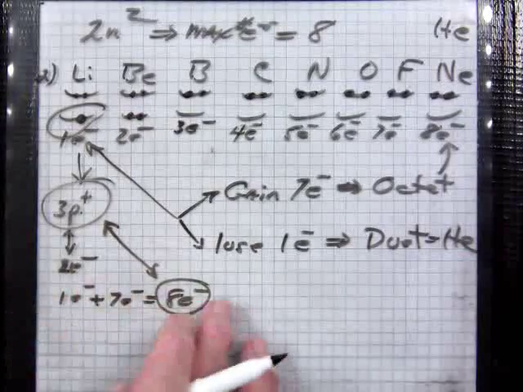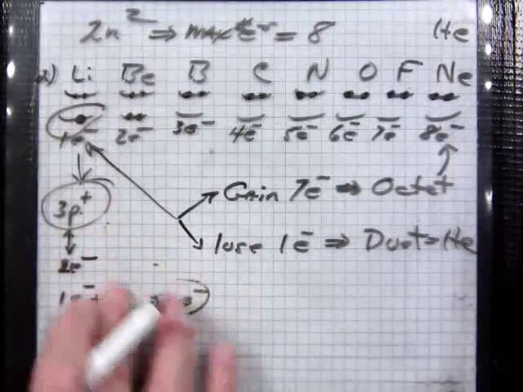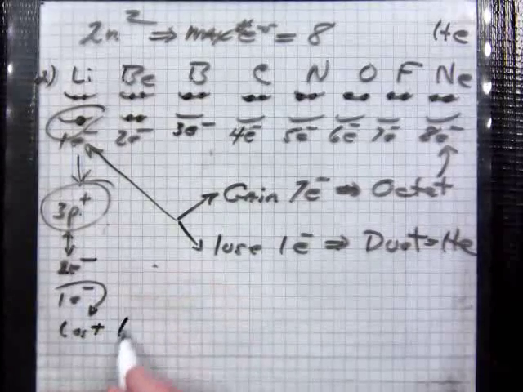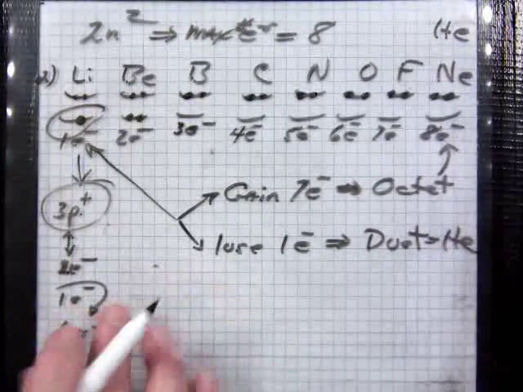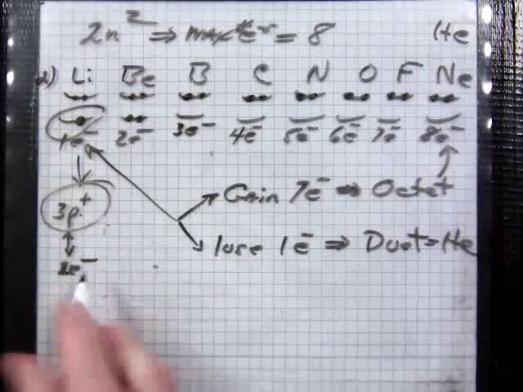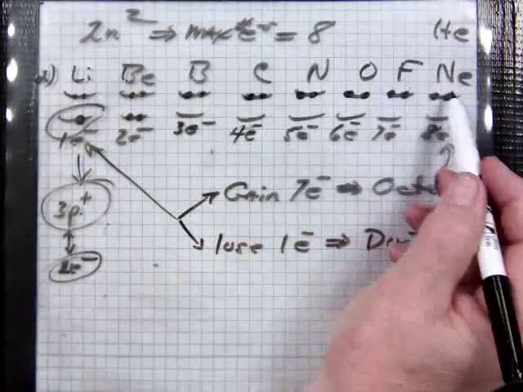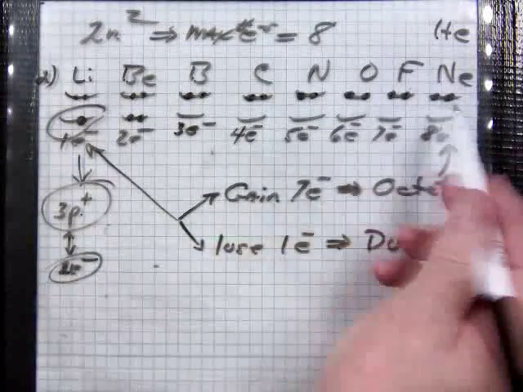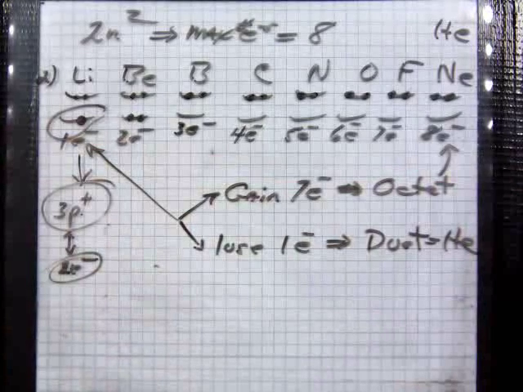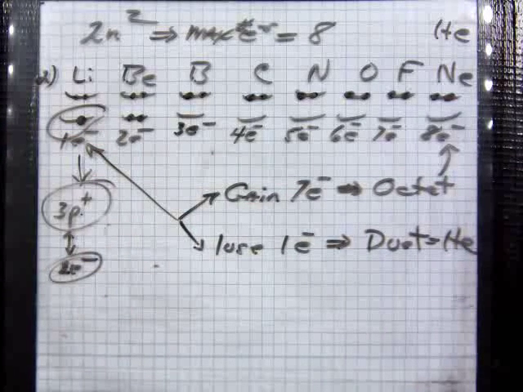However, if I have a 2 and 1 and lose 1 electron, then the system would have 3 protons holding on to just 2 electrons. And that would be more stable in the context of what we're talking about than if I tried to add a whole lot of electrons that didn't have much attraction to begin with.